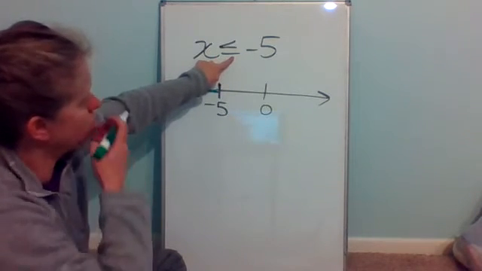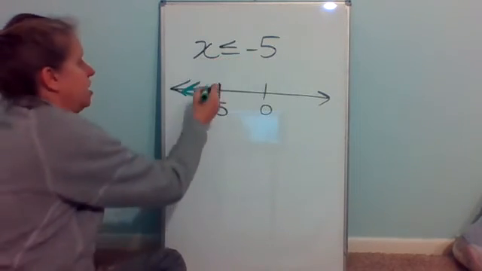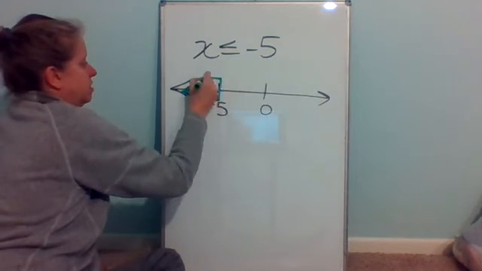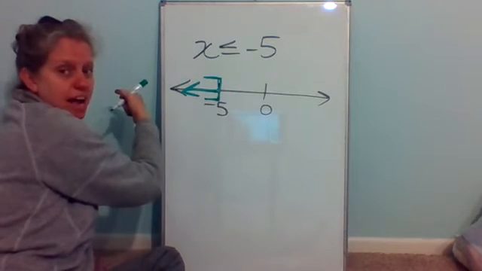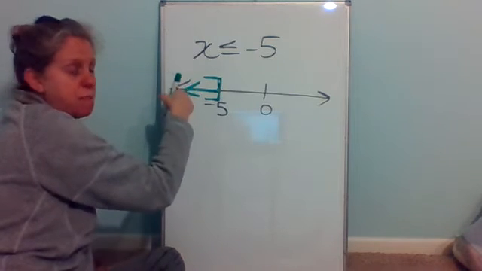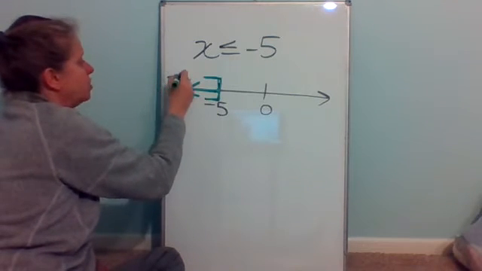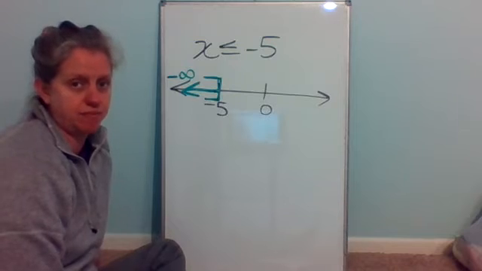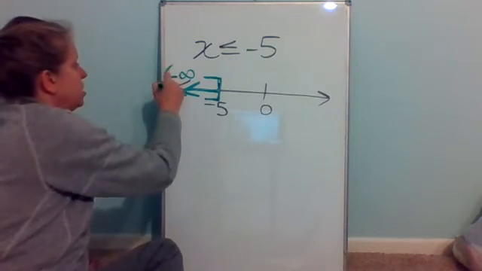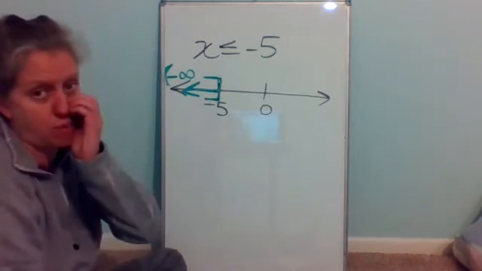Since it has the equal to bar, I'm going to have a bracket on the -5. This time it's going forever this way. I don't see a closing symbol. If it's going forever this way, it goes all the way to -infinity. And remember, infinities always have parentheses around them.